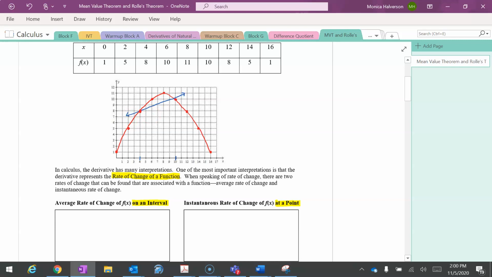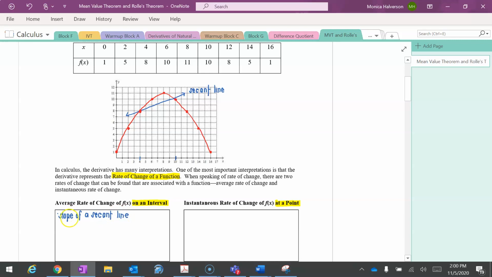Now, that average rate of change is the result of a secant line, because it crosses through 2 points of our graph. And so when you hear the term average rate of change, you are thinking about the slope of a secant line. It is the slope of a secant line.